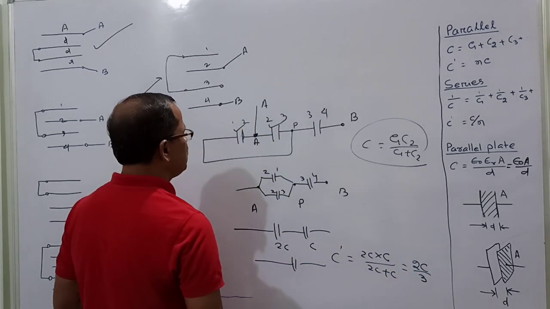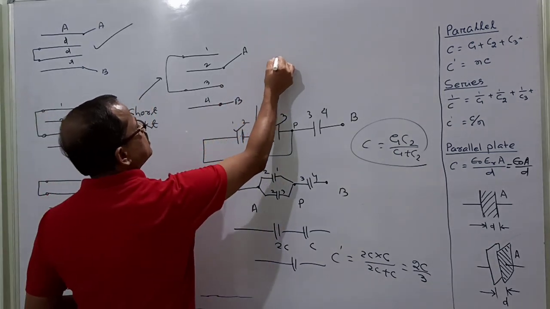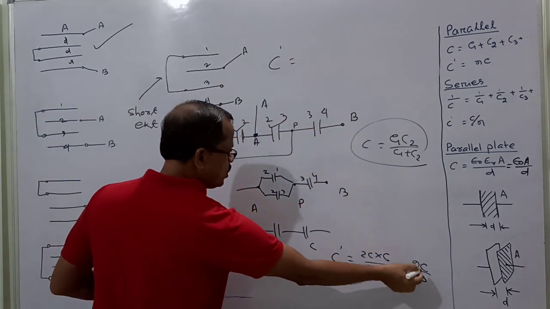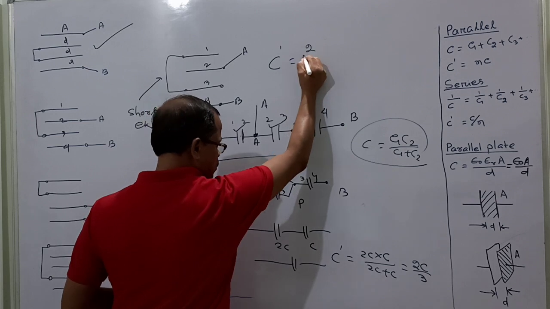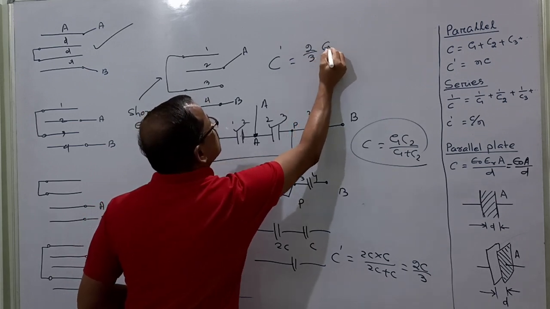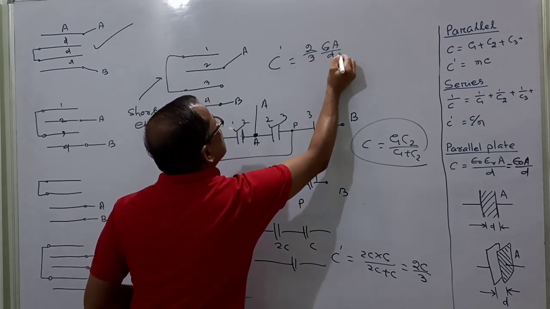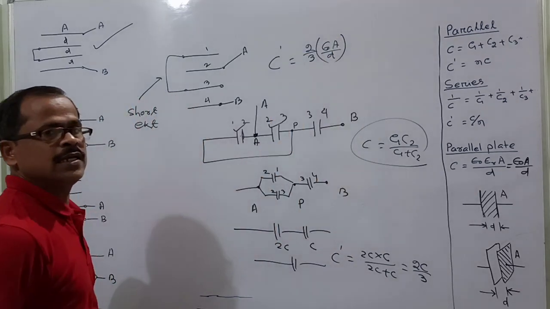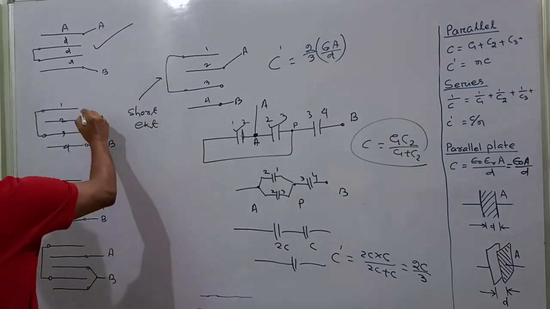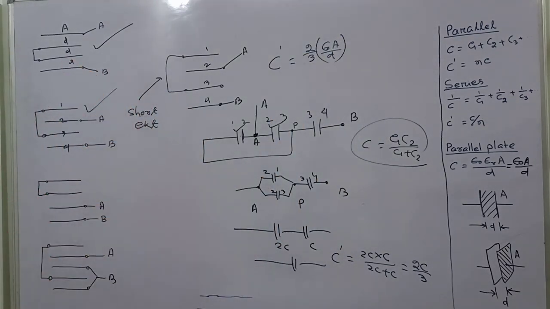So the final answer for the combination of capacitors is C dash equal to 2 by 3 epsilon 0 A by D. This is the capacitance of the capacitor. This is the question number this. Please note down.